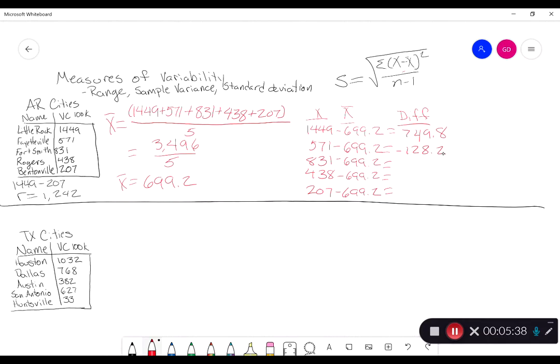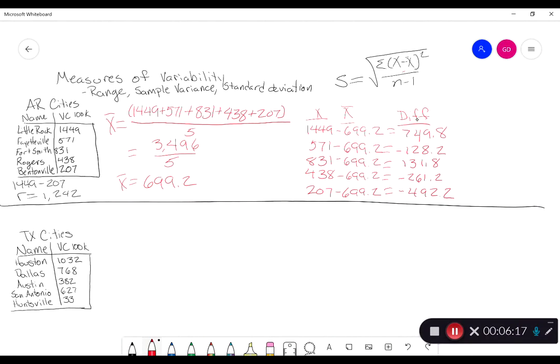For Fort Smith, it's 131.8. For Rogers, Arkansas, it's negative 261.2. And then for Bentonville, we get negative 492.2. So here we now have the difference part, the numerator part of the equation.